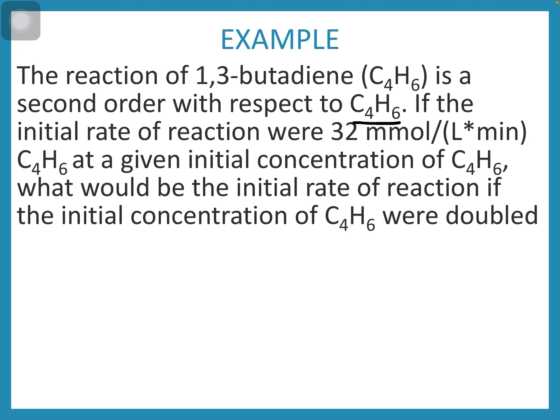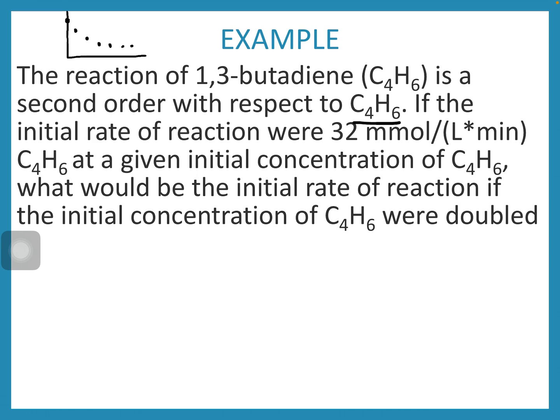Now, one thing to clear up here, so we see the word initial showing up here and here and here. So when we talk about initial concentration and initial rate, if you remember when we looked at our rate graphs, I'm going to start at a certain concentration, and over time, that concentration of reactants is going to reduce because the reactants are getting used up.